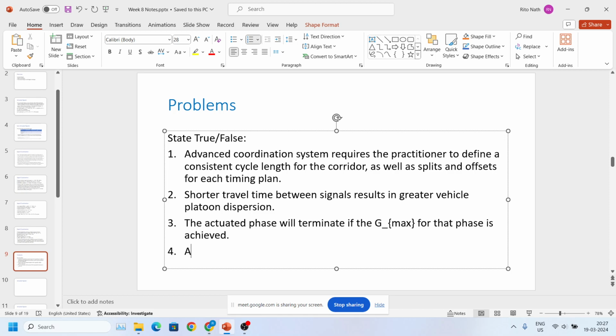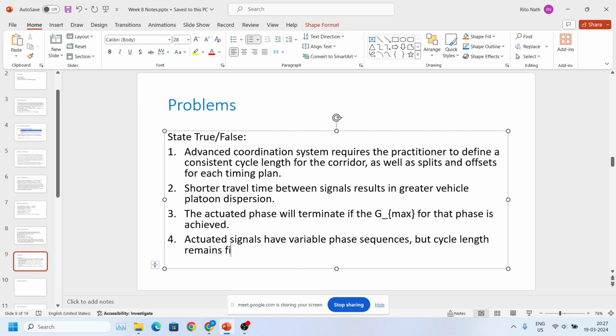Next is: actuated signals have variable phase sequences but cycle length remains fixed.